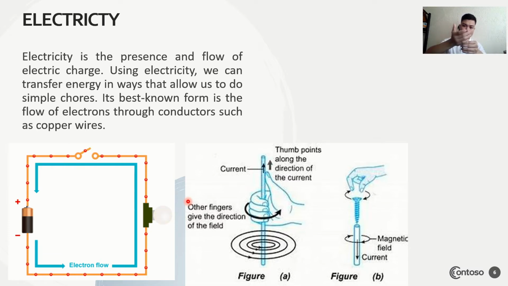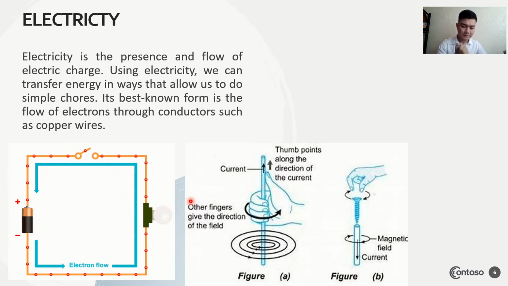Grab the wire with your fingers, point your thumb in the direction of the current, and your fingers show the direction of the magnetic field. So if this is the direction of the current, you just grab the wire and your fingers will curl, and this points to the direction of the magnetic field. So this is the right hand rule.